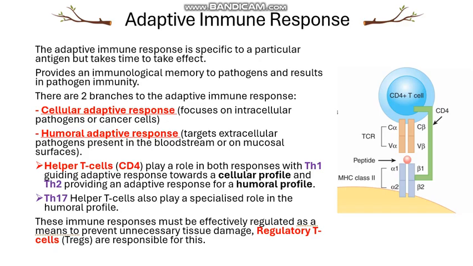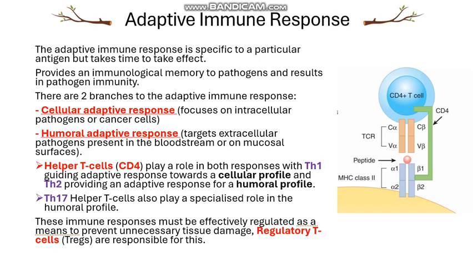That's different to the innate immune response, which is able to take effect immediately, but it's not specific, it just targets any antigen that it can find. So, antigen specific.